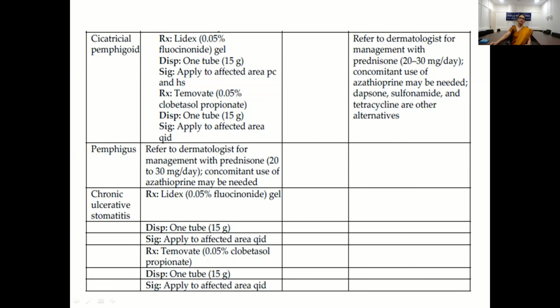So, in pemphigus, refer to a dermatologist for management with prednisone 20 to 30 milligram per day. Concomitant use of azathioprine may be needed. In chronic ulcerative stomatitis, Lidex 0.05% fluocinonide gel is to be given.